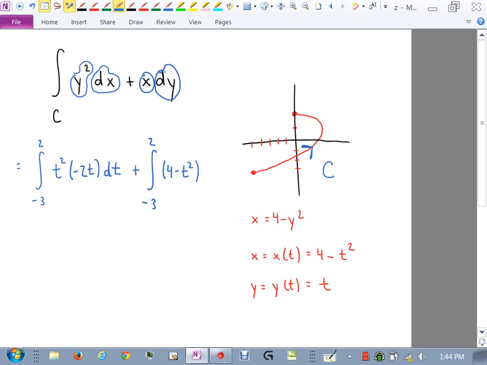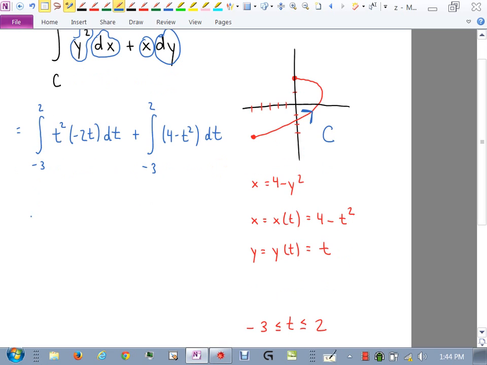Just 1. So that's just dt, right? Let me clean this up. Can I make this all one integral? Yeah. This would be -2t cubed plus 4 minus t squared dt.